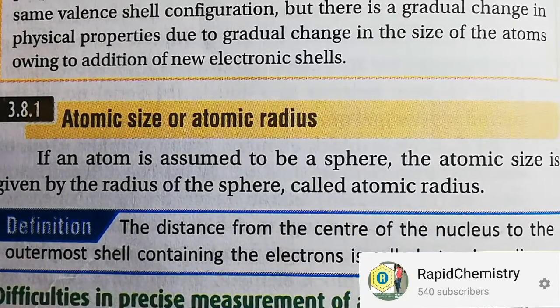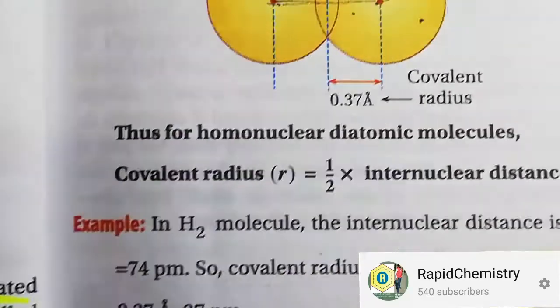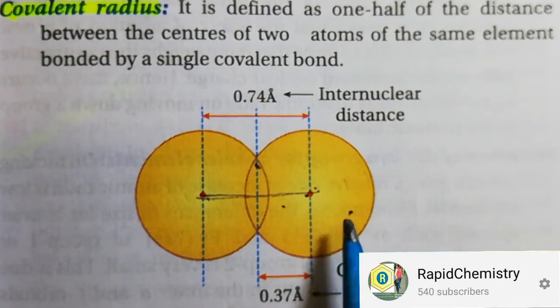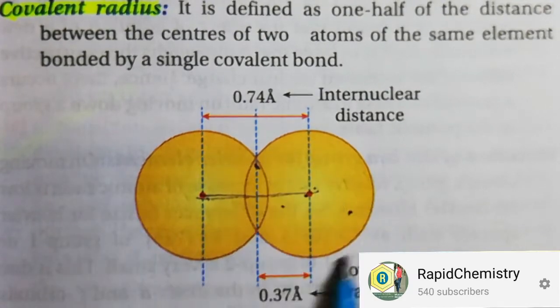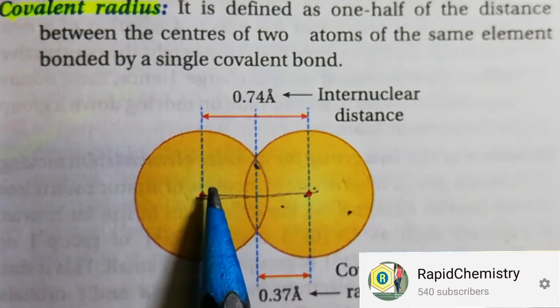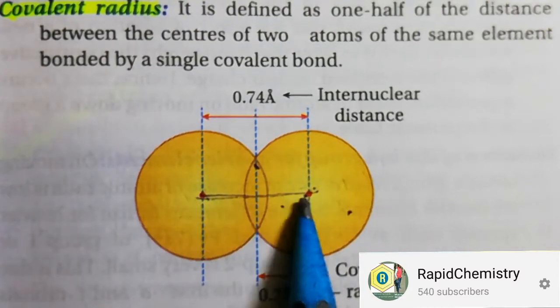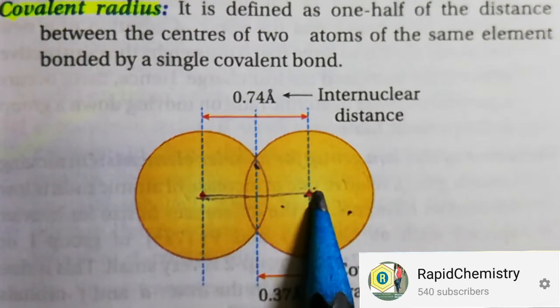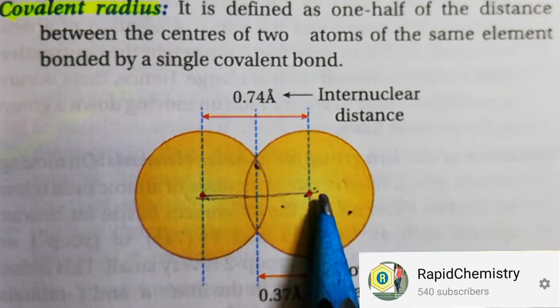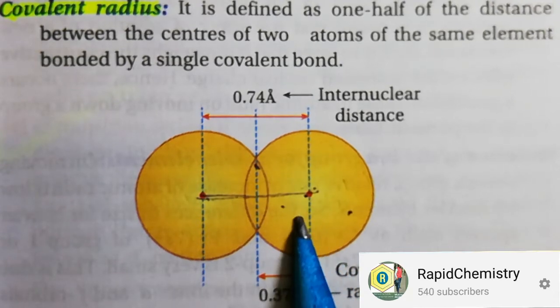So atomic radius can be covalent radius. Covalent radius means, just look at the figure here, two atoms are in the combined form, and these are their centers. If you connect the two centers, the distance divided by 2 would be the covalent radius.